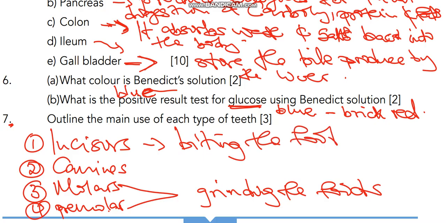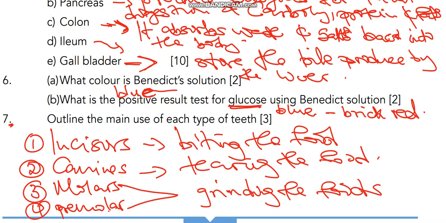And canines are there for tearing the food. So these are the types of teeth and their functions. This one is for you to understand, because they perform the same function. I hope you are assisted, guys.